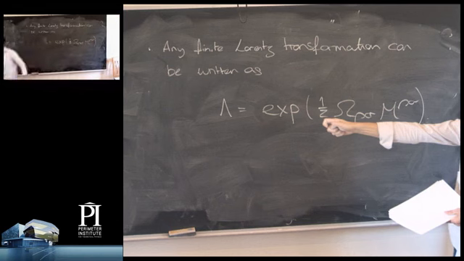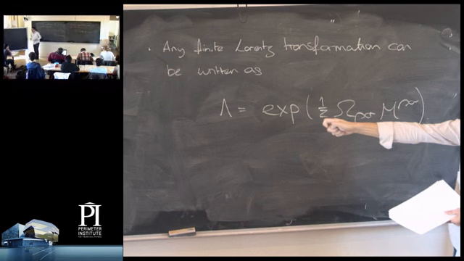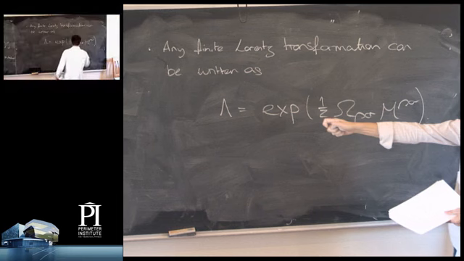Yes, please. The 6 numbers, how are they? Yeah, they have 2 indices, but they're antisymmetric because they're contracted with this, and the definition of this was antisymmetric. I probably should have written this on the board, but if you just look at the definition I gave, it's antisymmetric.